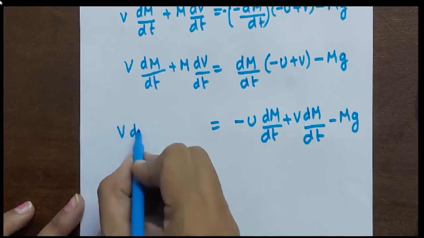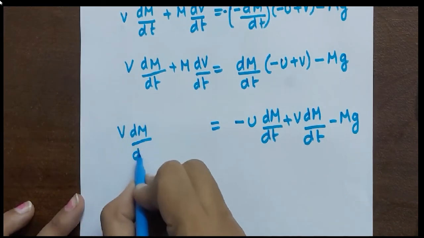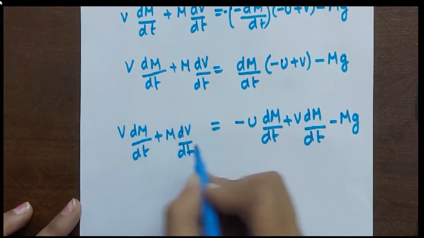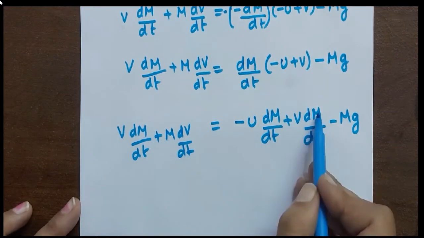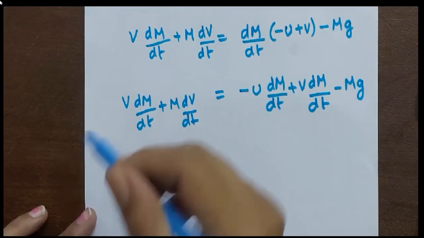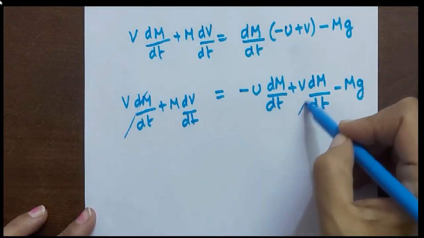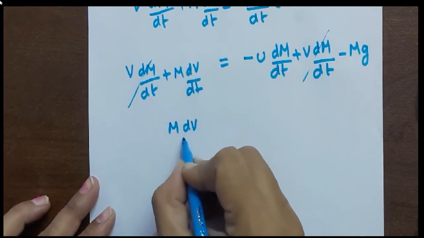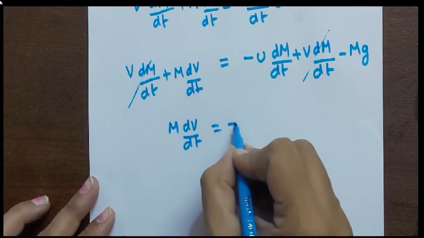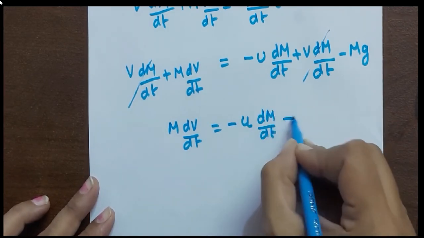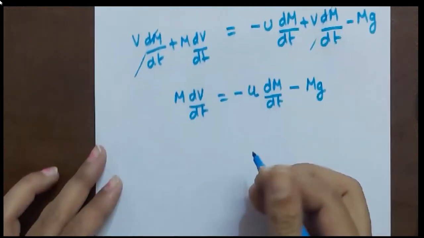The v dM upon dt terms on both sides are the same, so cancelling, we obtain M times dv upon dt equals minus u times dM upon dt minus Mg.